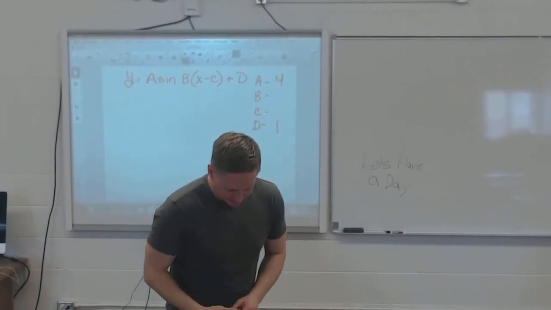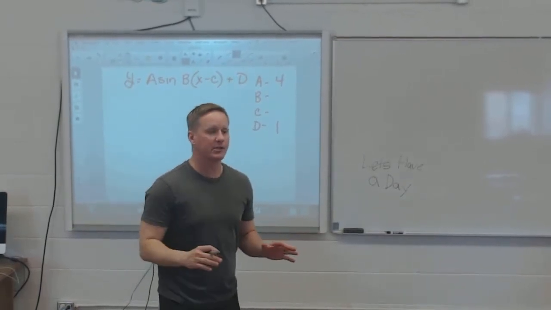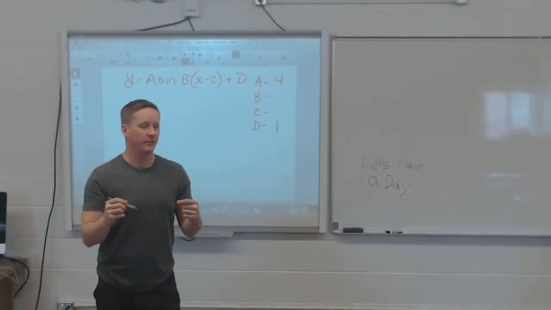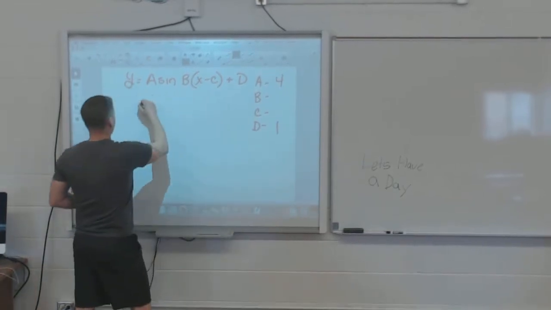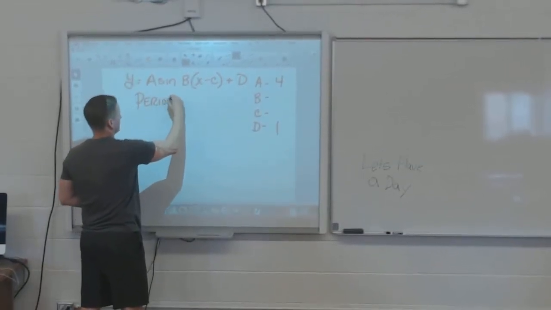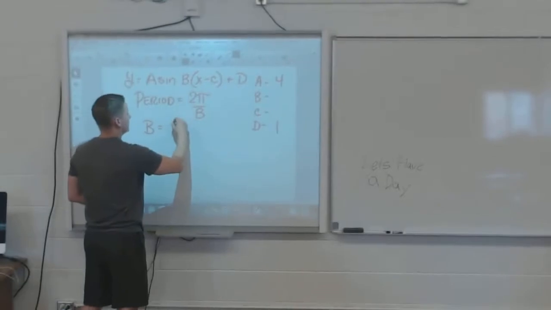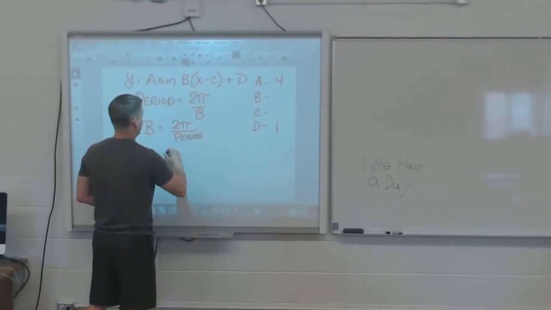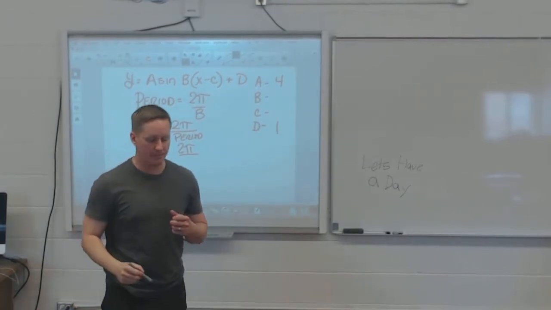My b value. There's numerous ways you can do this. I'm going to use the bottom of the graph to find out what my b value is. Now remember, period is equal to 2 pi over b, correct? Therefore, b is equal to 2 pi over my period. So I need to find out what my period is on this graph in order to find my b value.